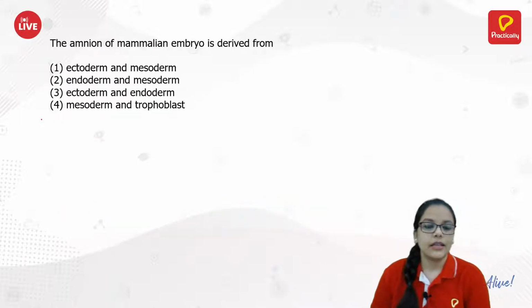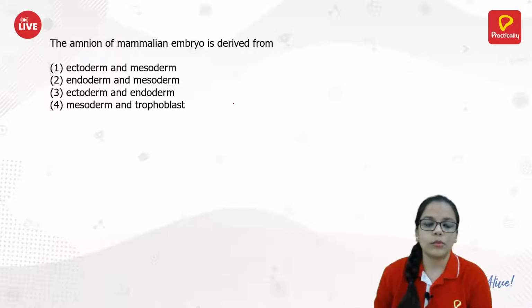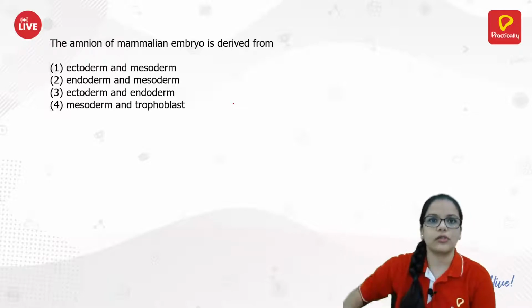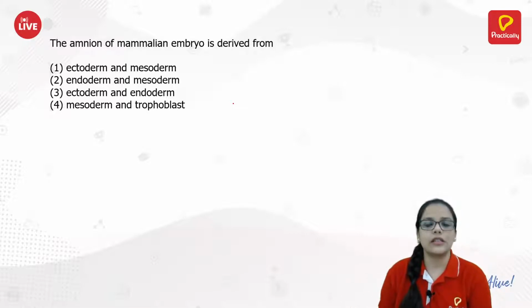Next, the amnion of the mammalian embryo is derived from what? Basically, the mammalian embryo has a proper outer covering, a membranous structure which saves the fetus, keeps it protected and keeps it nourished.